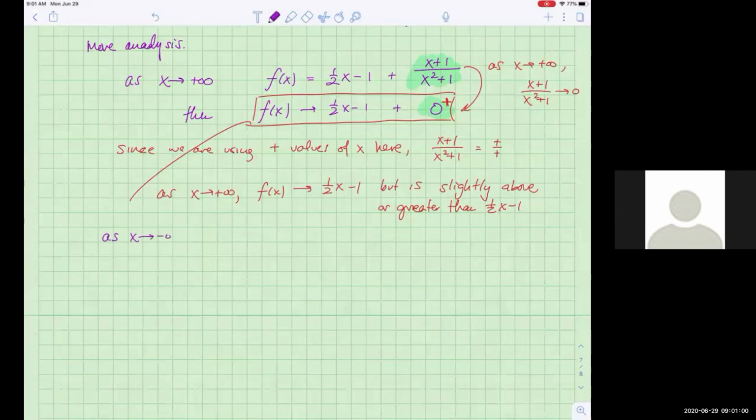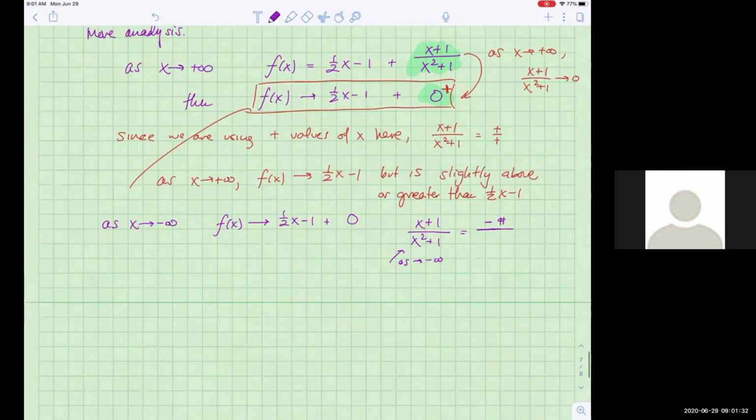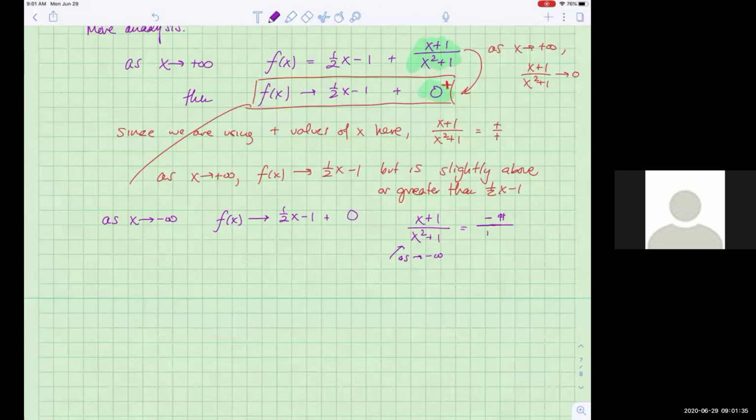Now, as x approaches negative infinity, f of x approaches 1/2 x minus 1 plus this term that's going to 0. But for x plus 1 over x squared plus 1, as x approaches negative infinity, this is going to be negative infinity plus 1, which is a negative number, divided by negative infinity squared plus 1, which is a positive number.